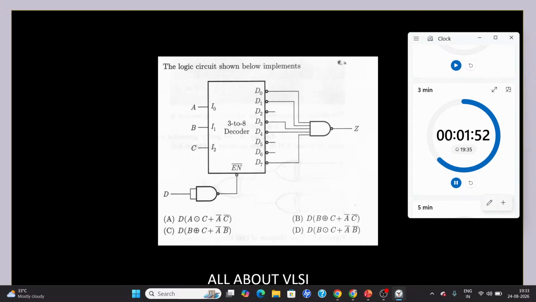So we have been given a simple decoder and we need to find out the output Z. That's it.